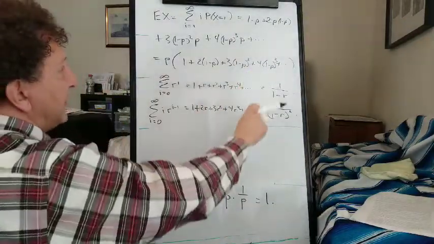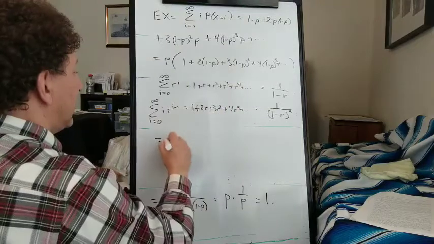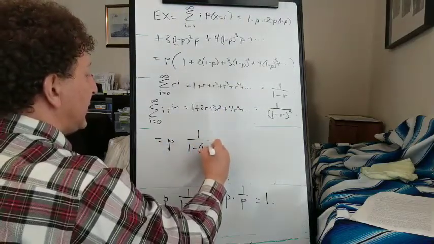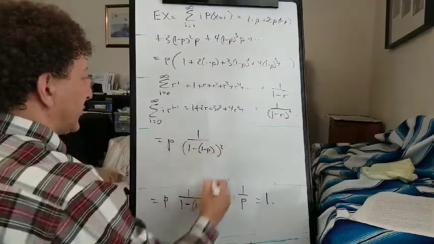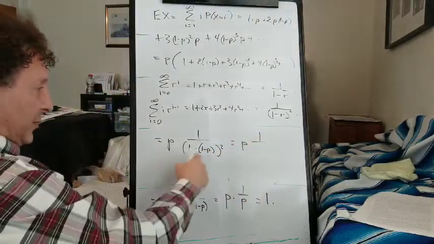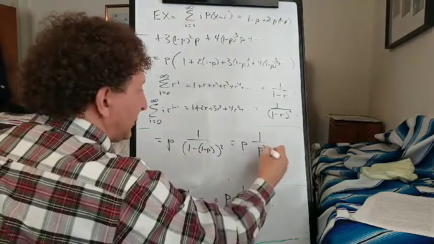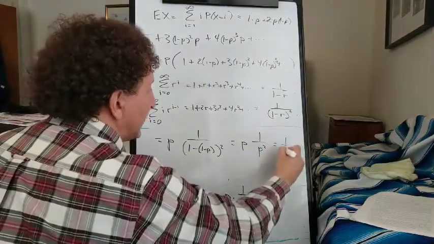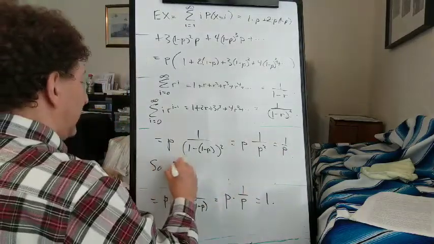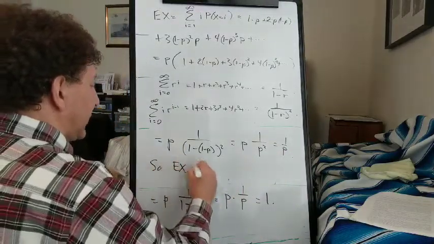So the sum in the parentheses is equal to 1 over (1 minus p), that whole thing squared, which is p times 1 over, we said that what's inside here is p, so p over p squared, which is 1 over p. The expected value of x is 1 over p.